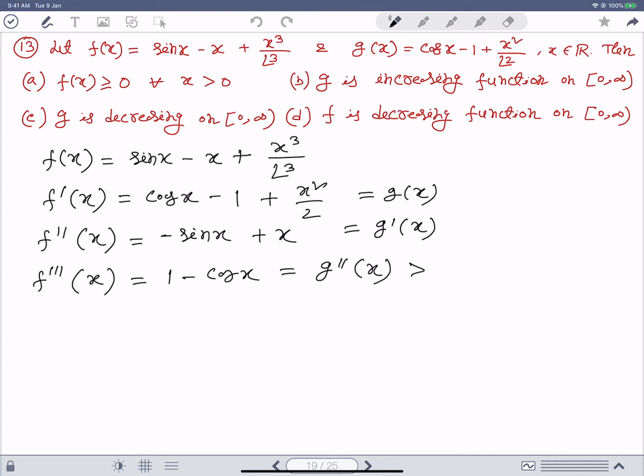So this is always bigger equal to 0. Okay. Now from this we know that f of 0 equal to 0, f dash 0 equal to g(0), this is also 0, and f double dash 0 equal to g dash 0 equal to again 0. Okay.